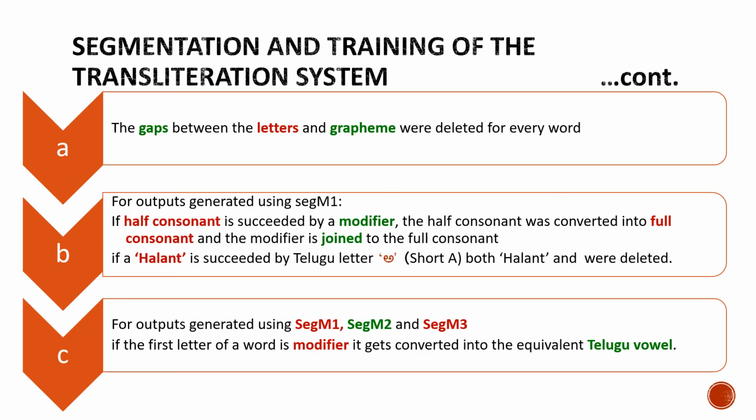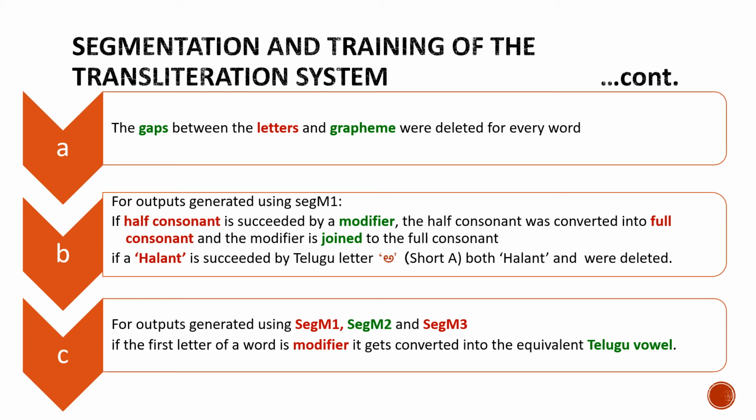After running the steps discussed earlier, the obtained outputs for the test set were Telugu words segmented by letters or graphemes, based on the segmentation method with which these experiments were done. To convert the output into proper words, the following steps were performed. A. The gaps between the letters and graphemes were deleted.